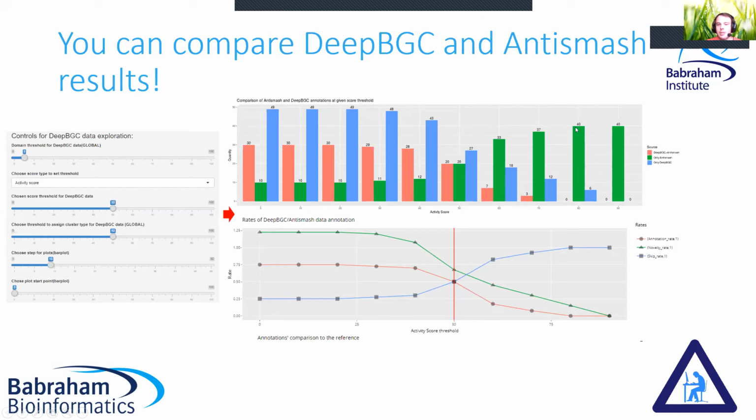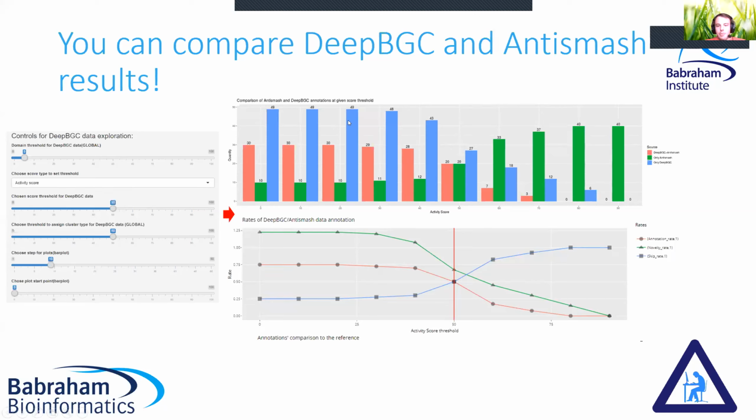The green one is only anti-smash annotated data. The pink or red one is both DBGC and anti-smash annotated data, so this intersection. And the blue one is only DBGC annotated data. So this is new biosynthetic gene clusters, possibly new biosynthetic gene clusters.